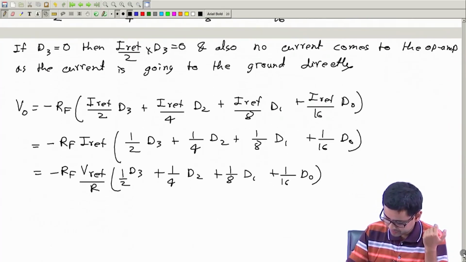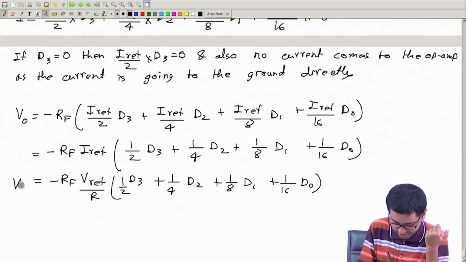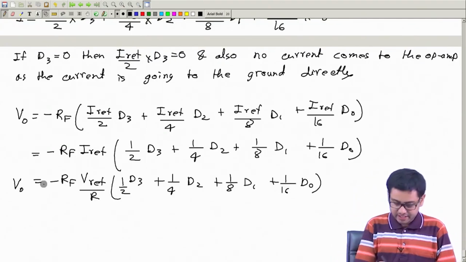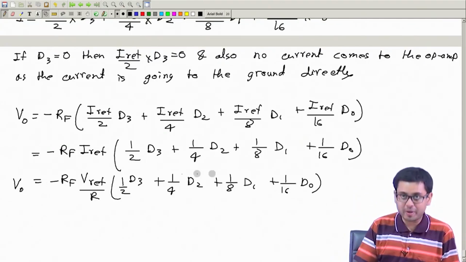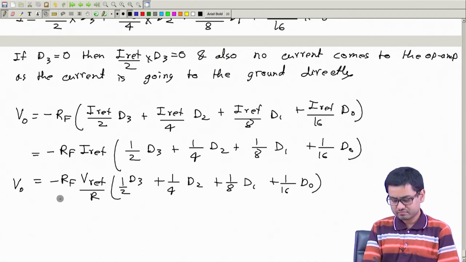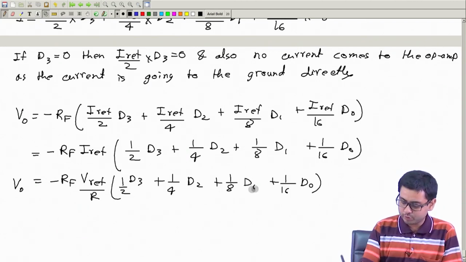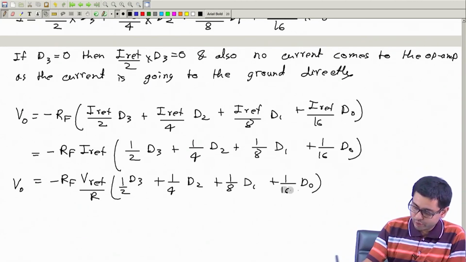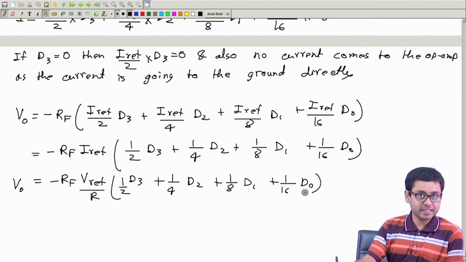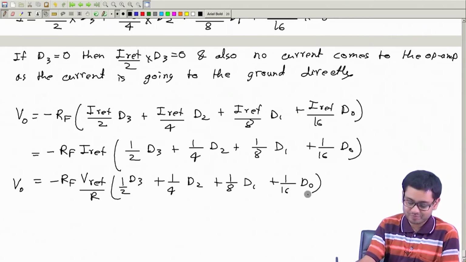So you see the output voltage VO is governed by this, and you can think that these are the digital inputs. So D3, D2, D1, D0 can take values 0 or 1, logical low or high.